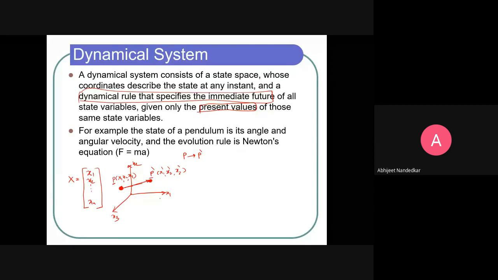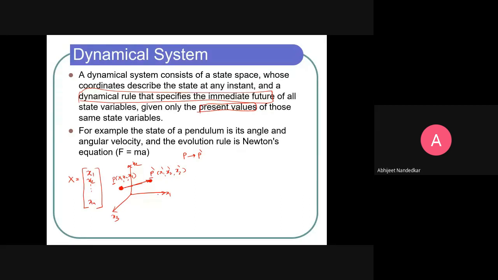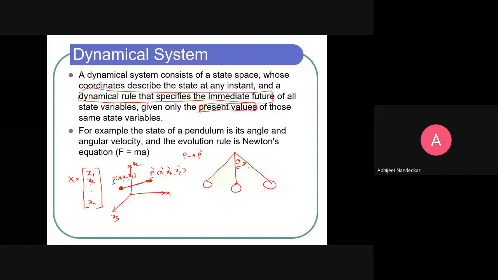For example, you have a pendulum, say this is a pendulum moving like this. There is some angle theta, and you have some angular velocity with this pendulum.